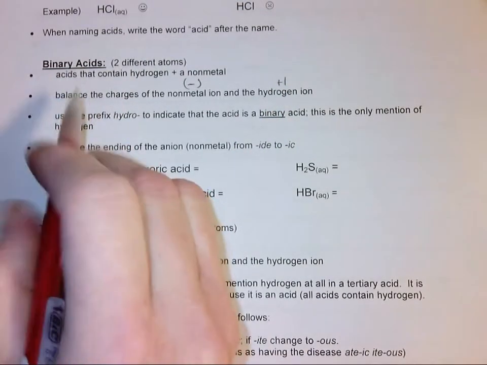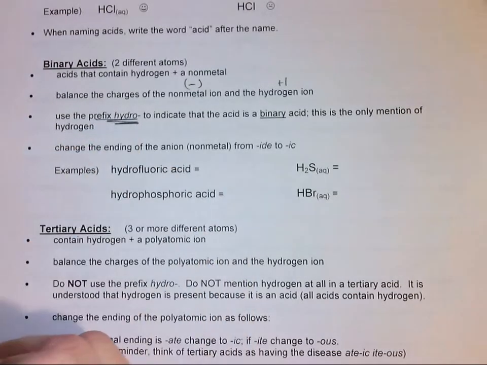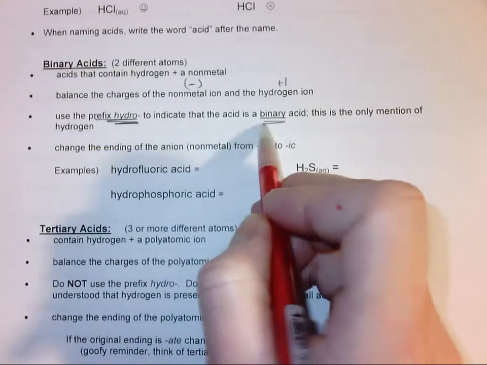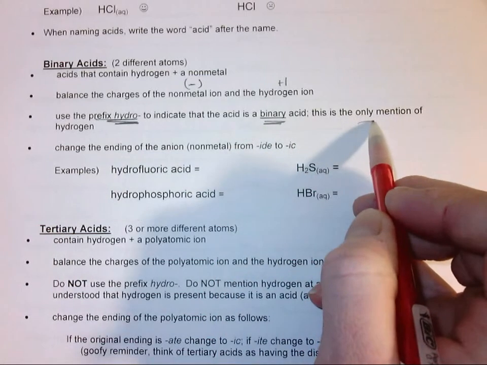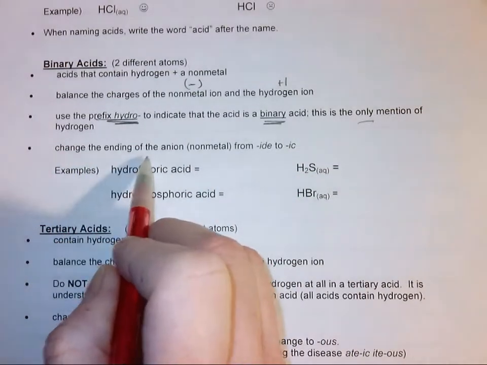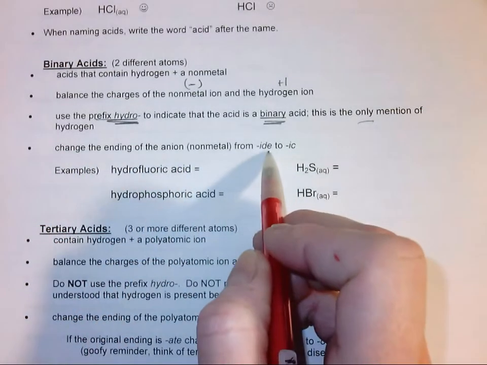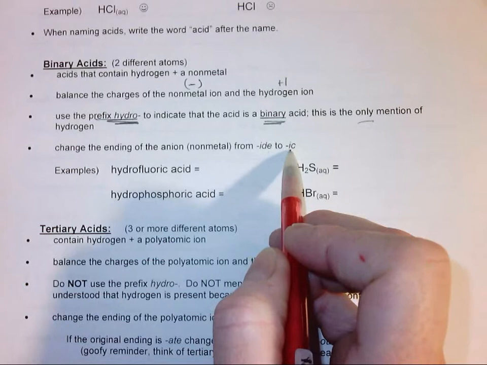The big key to remembering the difference between binary and tertiary acids is the prefix hydro. If we have the prefix hydro, then it will be a binary acid. This is the only mention of hydrogen that we have. We will change the ending of the anion from "ide" to "ic."